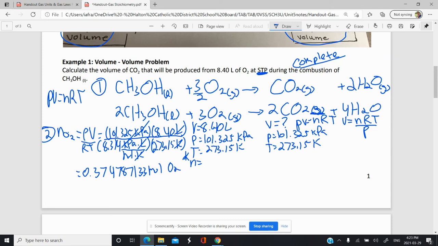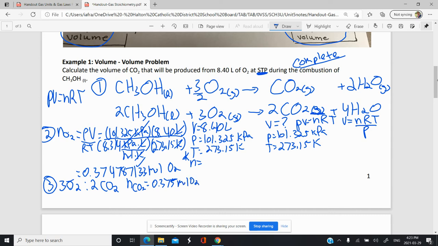And so now what we can do is we can use our mole ratios to find the moles of CO2. So we know that there are 3 O2s for every 2 CO2s. So what that's going to mean is that the n of CO2 is going to be our 0.375. I'm not rounding there really. I'm just writing that down as a rounded number, but in my calculator, I have the same number over here.